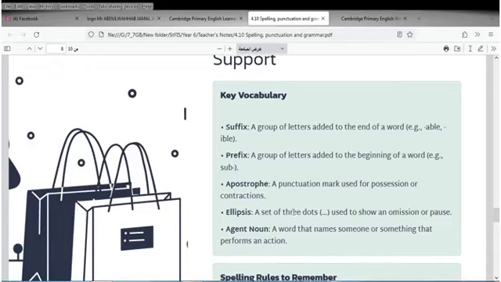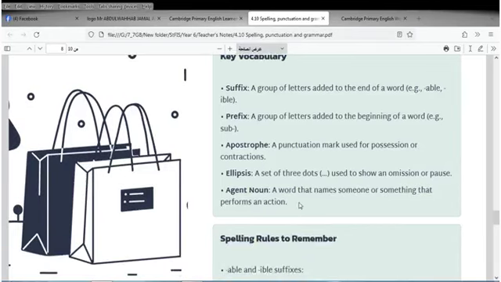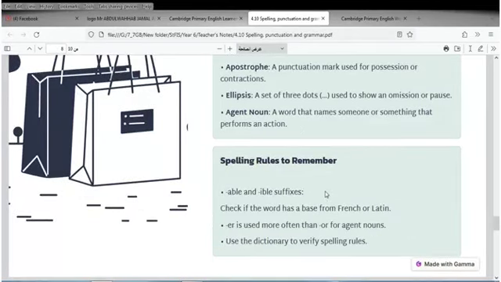And then we have the ellipsis, which is a set of three dots used to show an omission or pause. And agent noun, a word that names someone or something that performs an action. Remember the spelling?